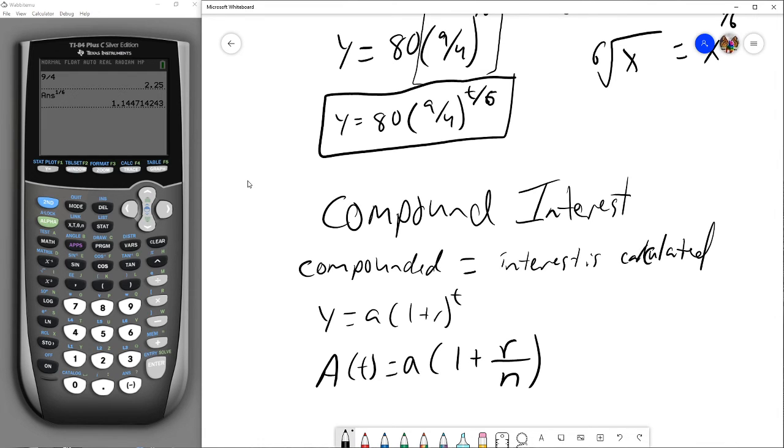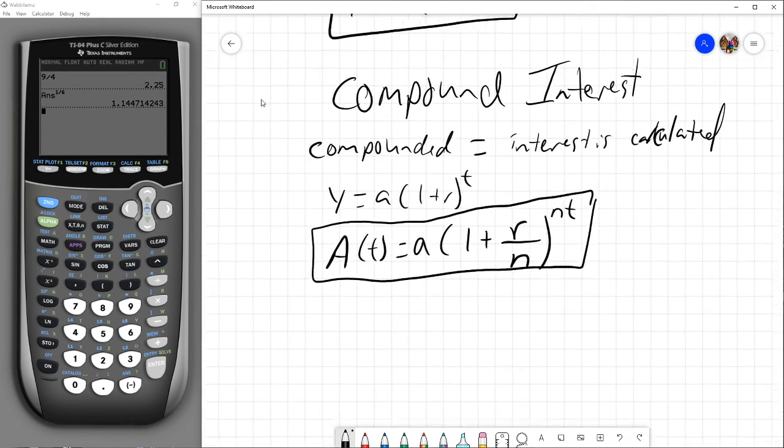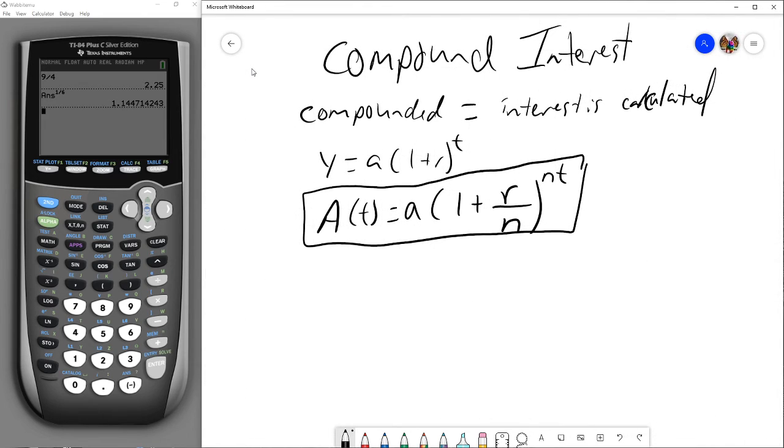That means our t exponent would need to be multiplied by the number of times our interest is compounded. So this is going to be the equation for compound interest. Let's go ahead and break this up.